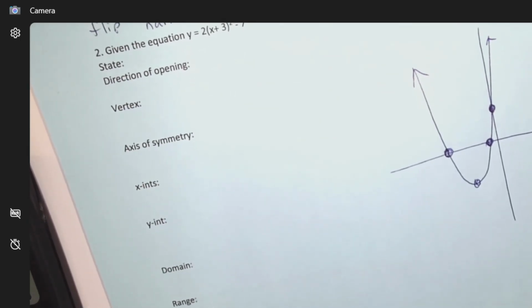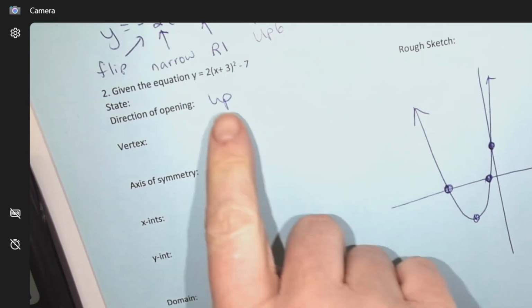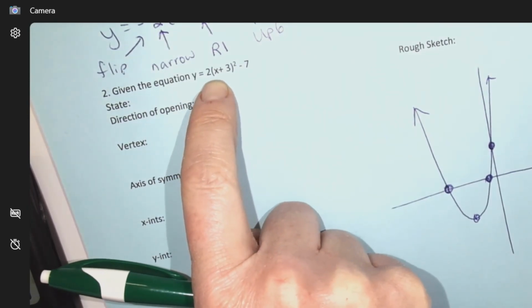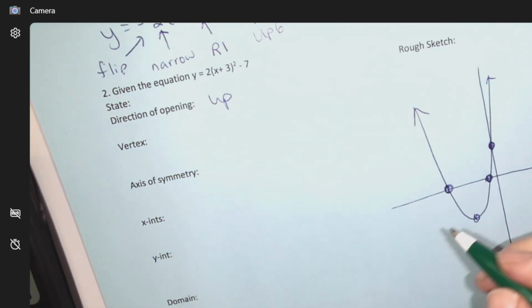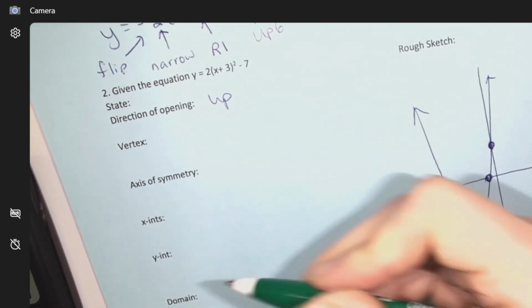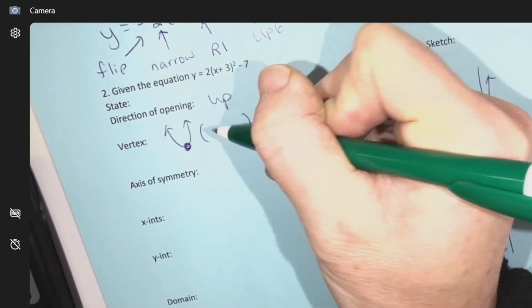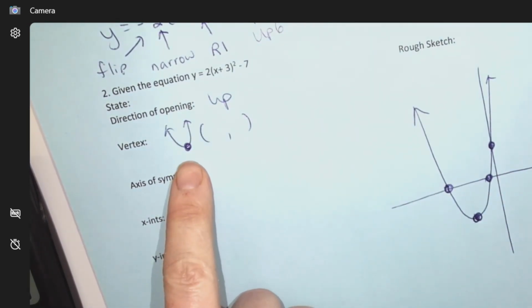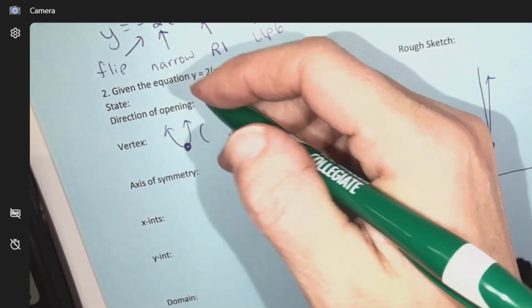Okay, so properties. This is part of your basic stuff, properties. It's going to open upward, and before I graphed it, I knew that because there was only a 2 multiplier, not a negative. The coordinate of the vertex: can you get me this coordinate by calculating the minimum?